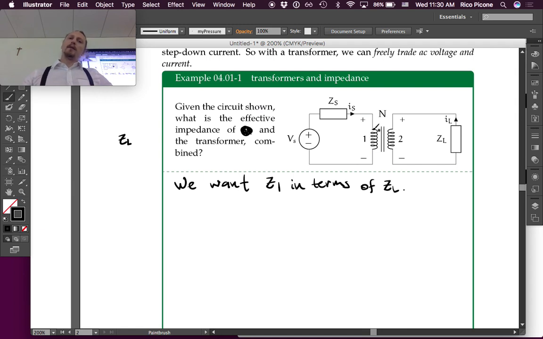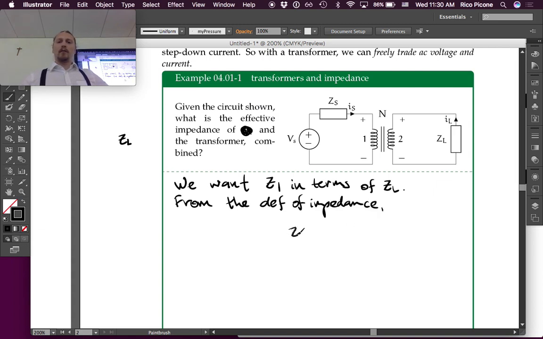So if we're looking for Z1, from the definition of impedance, we know that Z1 is what?